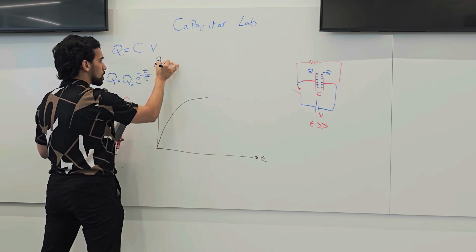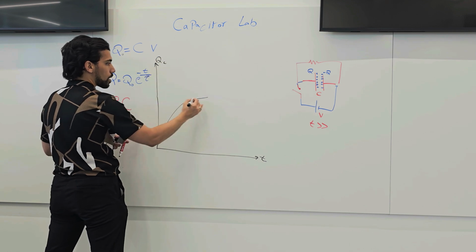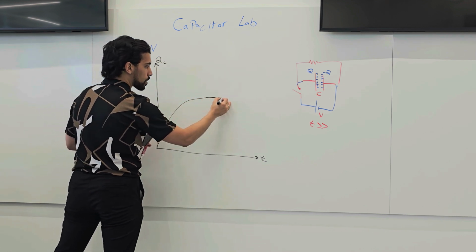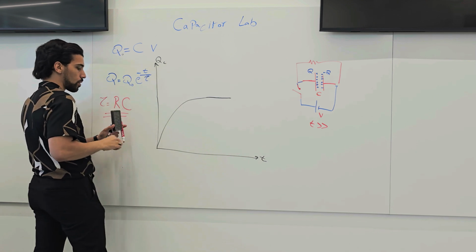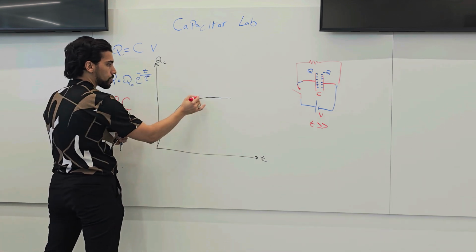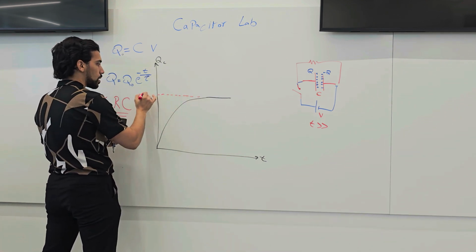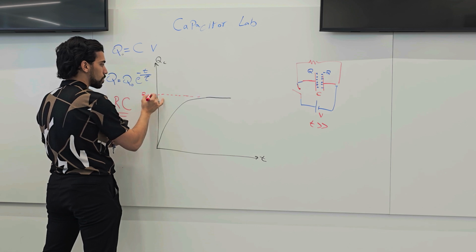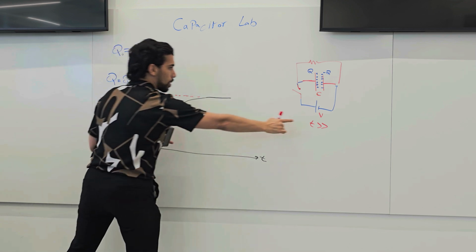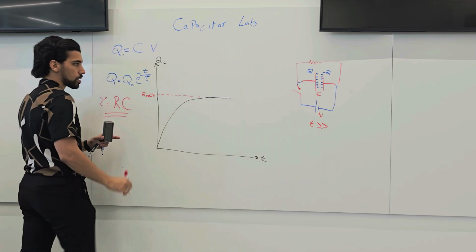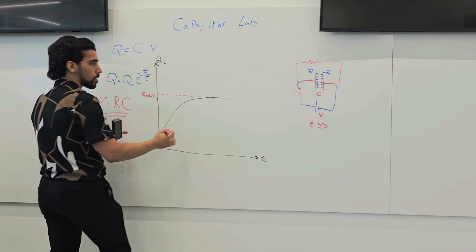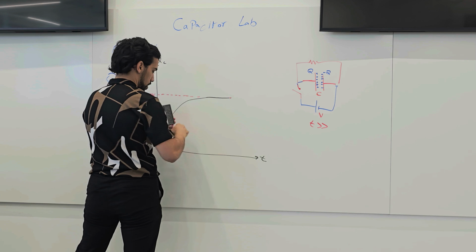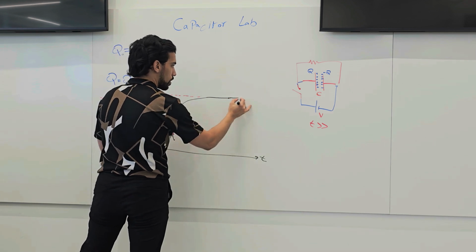This is the charge Q. Then this one starts to accumulate and becomes constant after a long time. And this basically becomes Q naught, which is equal to CV, the voltage multiplied by the capacitance. So after a long time, it becomes this value.